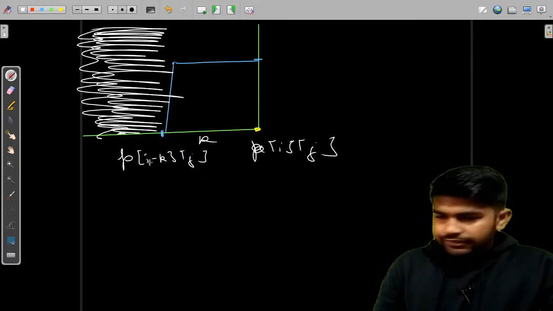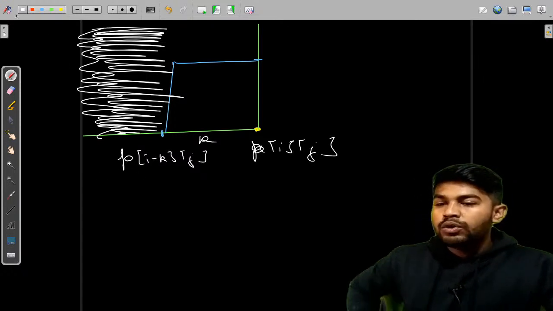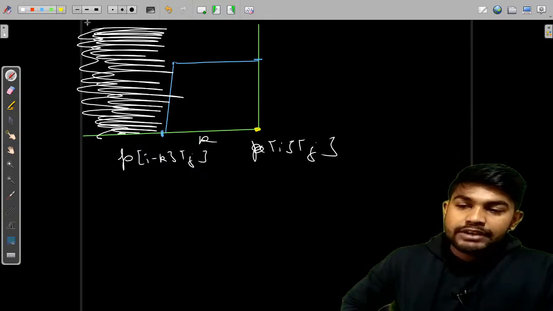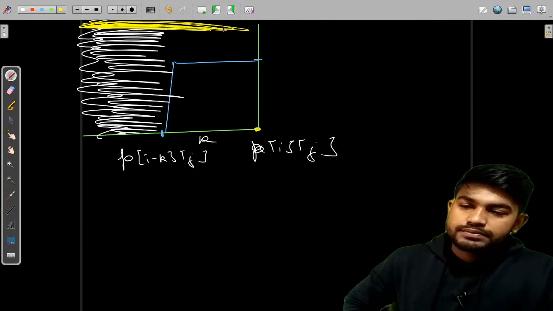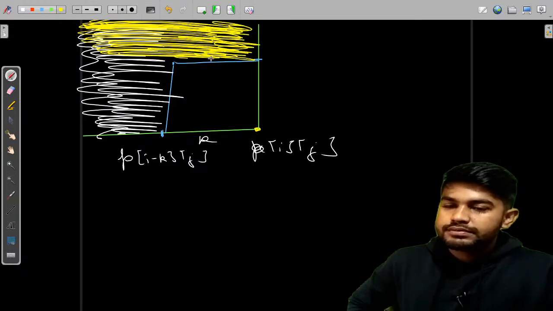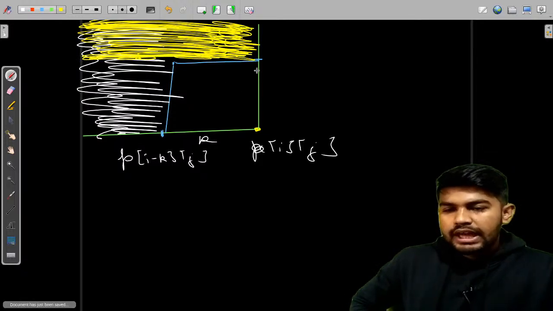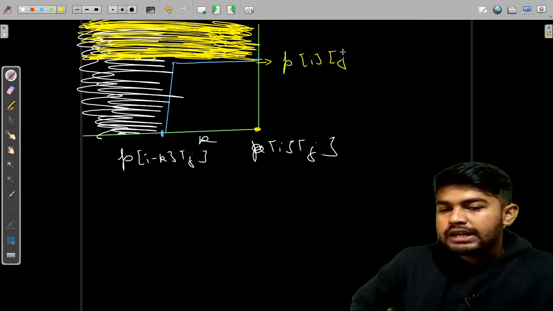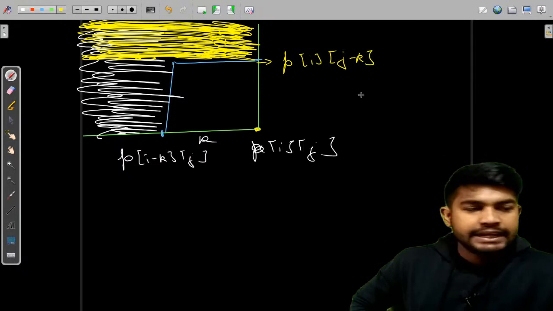Fair enough. Now I want this sum to be excluded, so I would take out the sum from this part also. And this part can be taken out by p of i, j minus k itself.